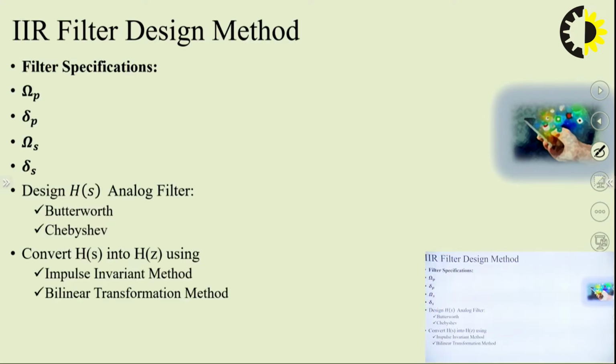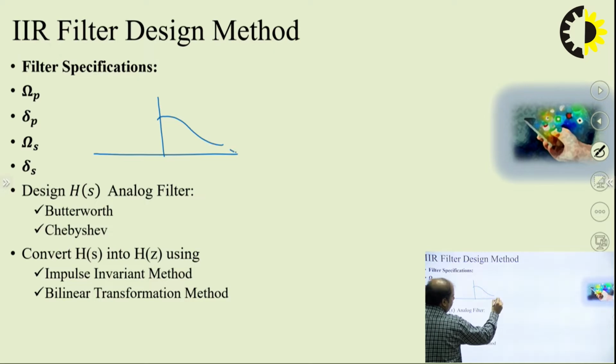So, in frequency specifications, what we generally have is a non-ideal characteristic like this, capital H of e j omega. It is a DTFT and therefore it is periodic, shown between minus pi to plus pi. Since it is a real filter with real impulse response, whatever is on the positive side will also be on the negative side.